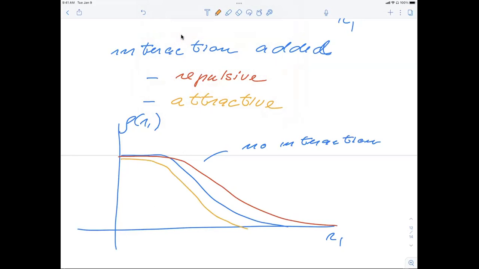Now, why is this an interesting property? The one body density is interesting because you can relate that to experimental information. It is a quantity which would enter the charge distribution of particles in a medium.